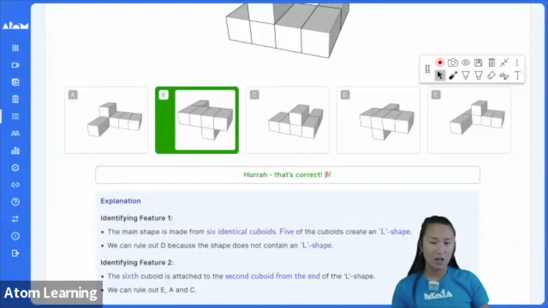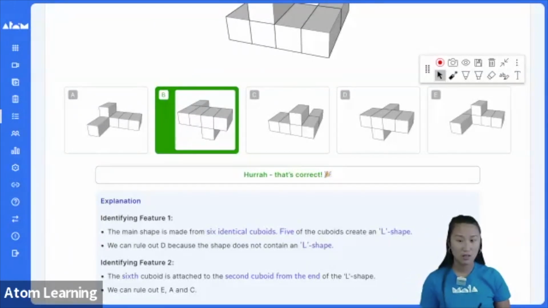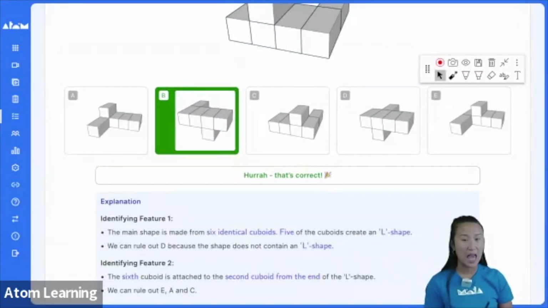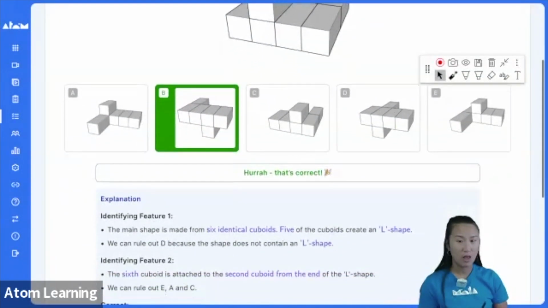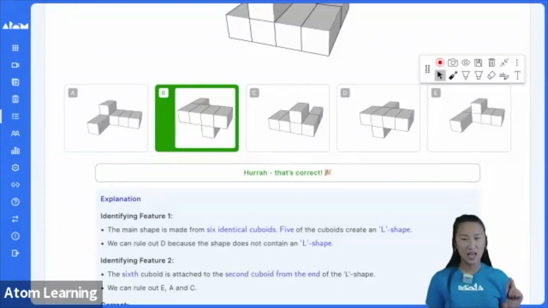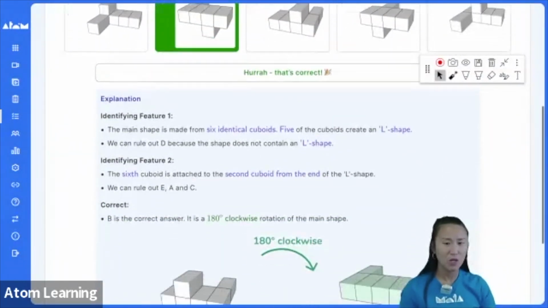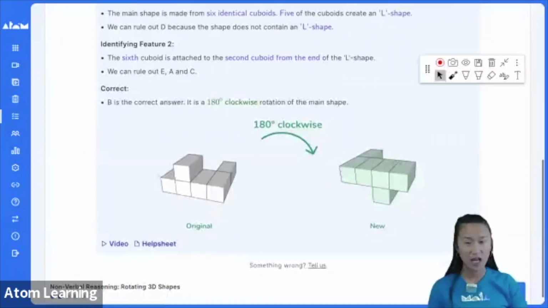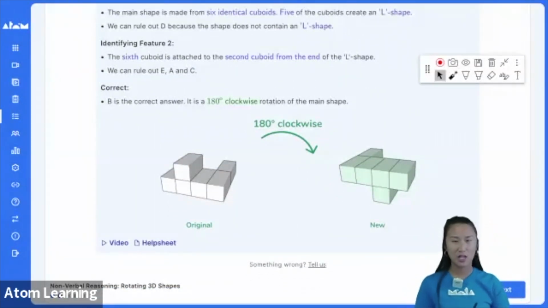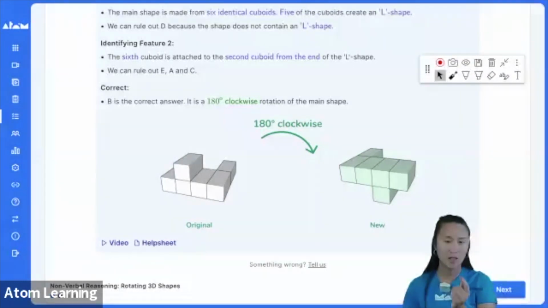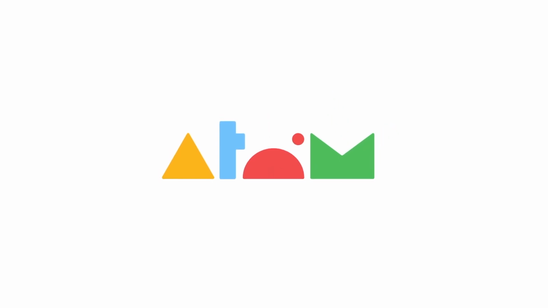Next, if we look at the 6th cuboid, we can see that it's attached to the 2nd cuboid from the end of the L shape. This means we can rule out E, A, and C. And that leaves us with B, which is a 180 degrees clockwise rotation of the main shape. So it's been rotated 180 degrees clockwise.